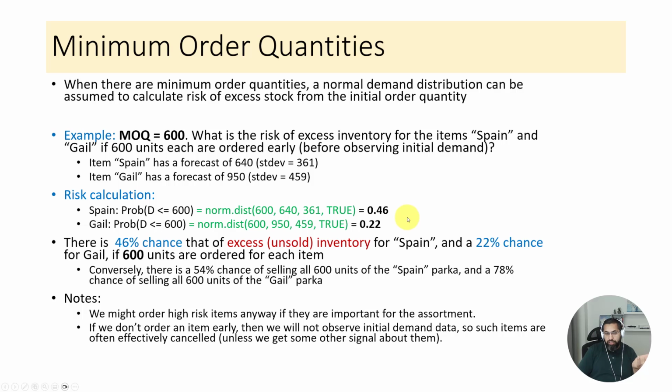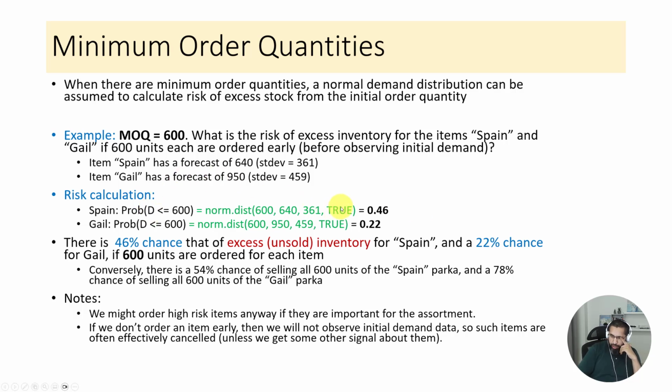Okay, we'll take a 22% chance that we have some extra pieces of Gale left over. Also, the MOQ is so far from the mean of 950 that even if we do have excess left for Gale, it's not going to be too much. For Spain, there is a good chance that demand may end up being 400 or 500 or 300, leaving us with hundreds of extra Spain parkas.